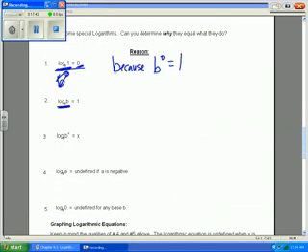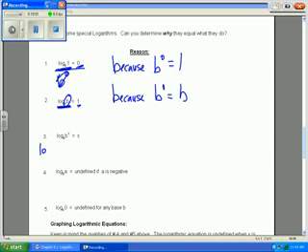Here it's saying log base b of b. Anytime that those values are the same, your answer is always going to be 1. Well, why is that? The reason for that is because any base to the exponent of 1 is just itself. Well, what about this one?